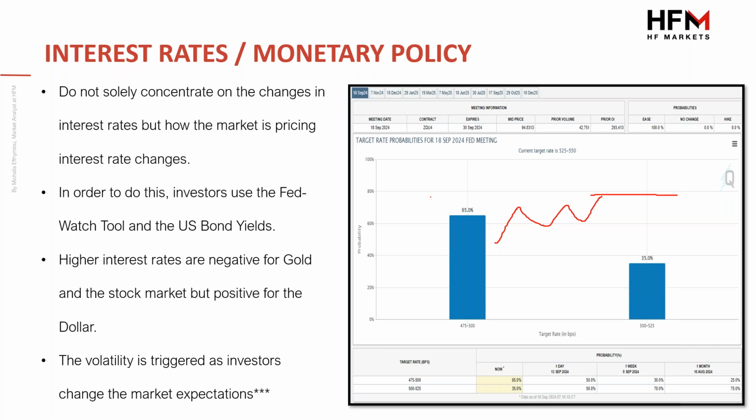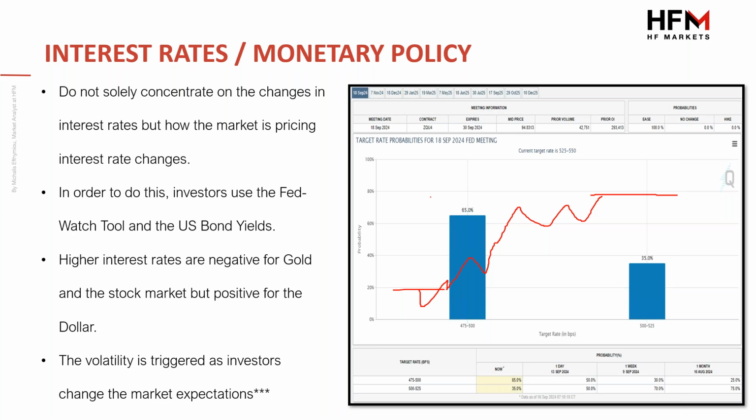Would that see the most volatility? Or will the volatility mainly be down here, where the market starts to believe the Federal Reserve will cut interest rates by 25%.